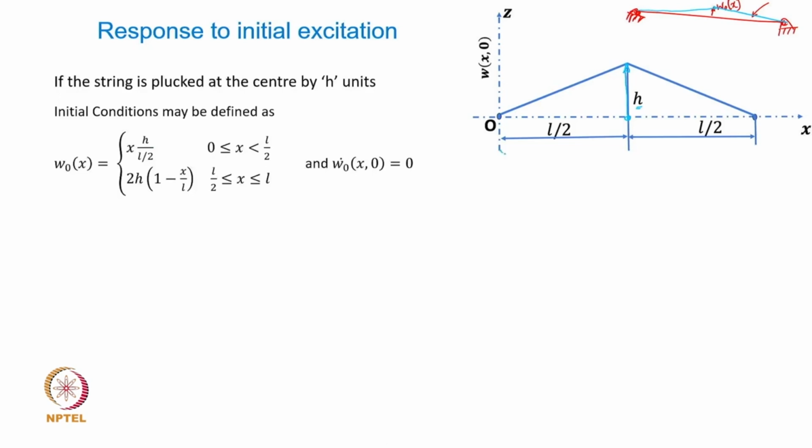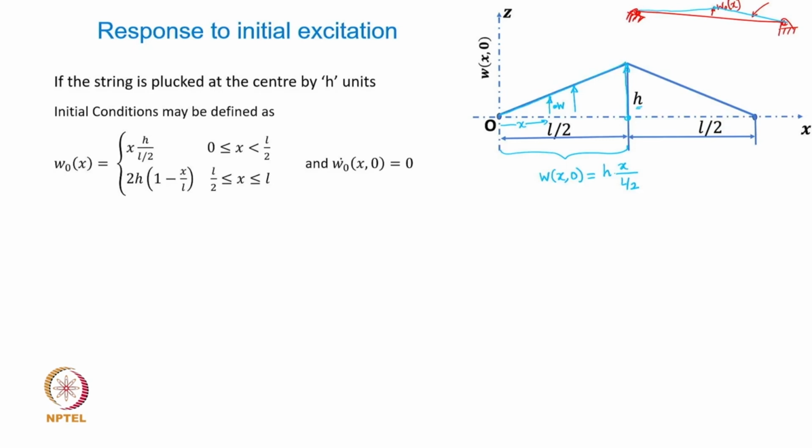Obviously, for this particular region, the displacement as a continuous function in x, this distance which is being pulled, at time t equal to 0 will be h x upon L by 2, which will follow the straight line function.